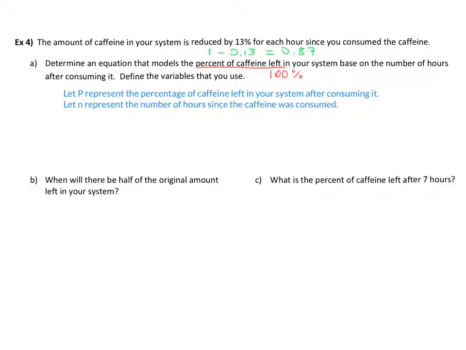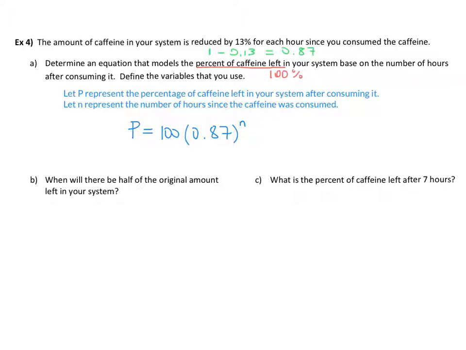All right, I have my let statements here. Capital P is the percentage of caffeine left in my system, and N is the number of hours since it was consumed. So the initial percent is 100%, and then my base value I figured out to be 0.87, and that will be to the exponent N, where N is the number of hours since it was consumed. Question B here says, when will there be half the original amount left in your system?